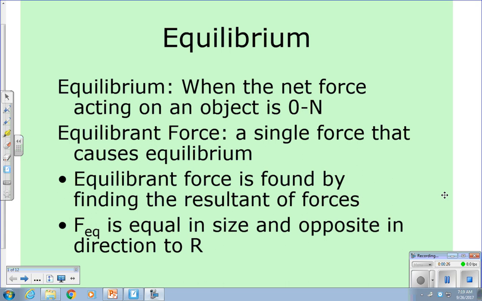We just haven't been calling them that, because whenever something has no net force acting on it, it's at equilibrium. Even if it's moving, it can still be at equilibrium if there's no net force acting on it. If it's moving with a constant velocity, there's no net force acting on it, and it's at equilibrium.